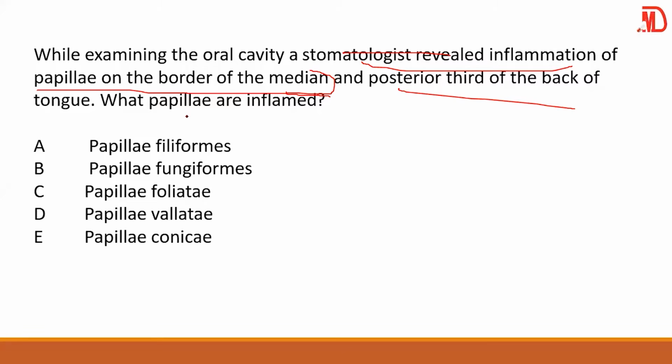So these are the ones found on the posterior 1/3. That means at the back, if you're coming from the back, that's the posterior 1/3. So over here, we are looking at what? At the vallate. I've taken my time to spell all this out so that you can know the differences between them. So we have what? D, the vallate.